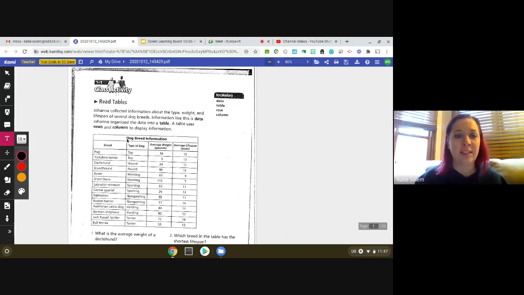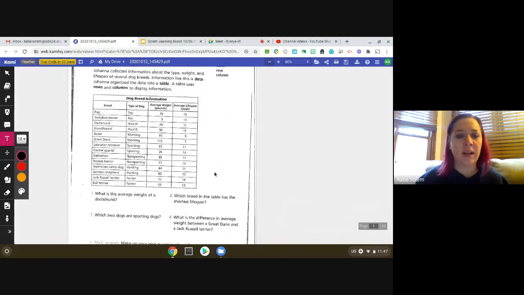So if we look at this table, I might ask, how many pounds is a Great Dane usually? Well, to figure that out, I would go to Great Dane and then go over to pounds, and it says 115. So we can use this table to answer questions.